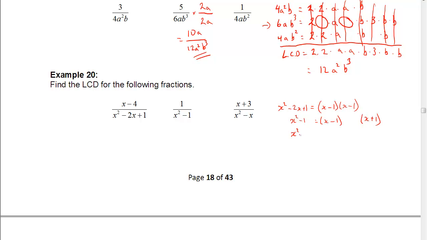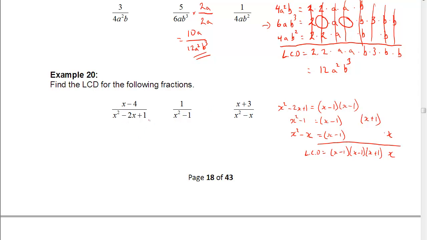X squared minus x is x outside of x minus 1, so we need an x outside. For the lowest common denominator, we take each of the columns: x minus 1, x minus 1, x plus 1, and x. That's going to be our lowest common denominator.